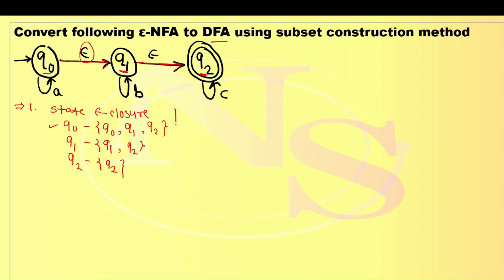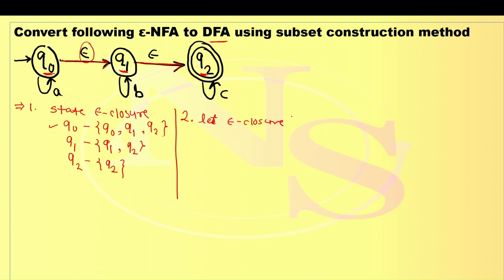What's the second step then? In the second step, we are going to find out the transitions and states of the required DFA. For that, the first thing is whatever your starting state is in the given epsilon NFA, here it is Q0. What's the epsilon closure of Q0? Q0, Q1, Q2. Let's consider that the epsilon closure of the starting state, what is the starting state?